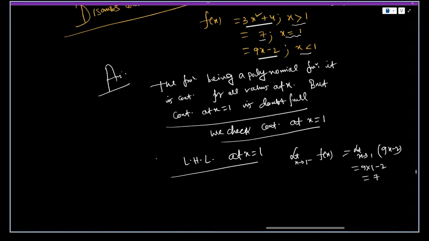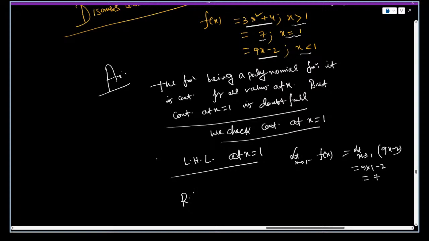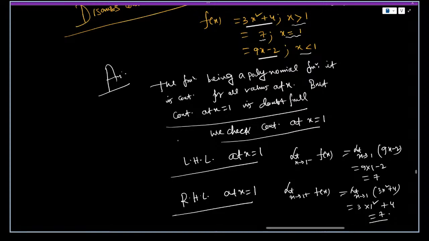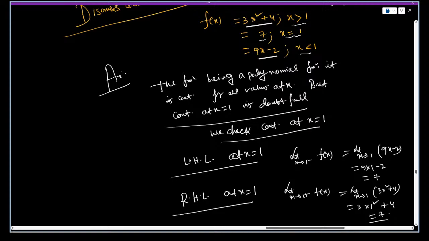Okay? RHL at x equal to 1, limit x tending to 1 plus f(x), what? There will be 3x square plus 4. So this is equal to 7, isn't it?